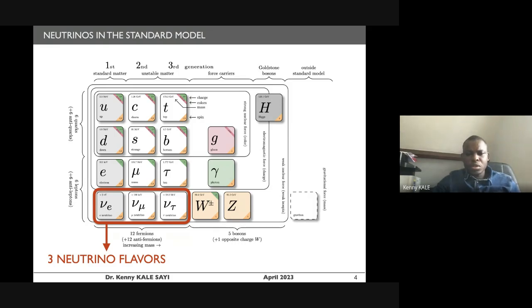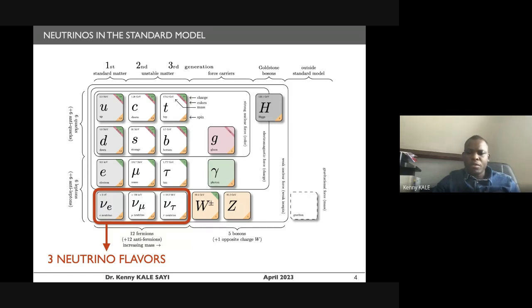The electron, the muon, and the tau are charged particles. Neutrinos have no charge. In red, you can see that we have three types of neutrinos, which we call flavors.